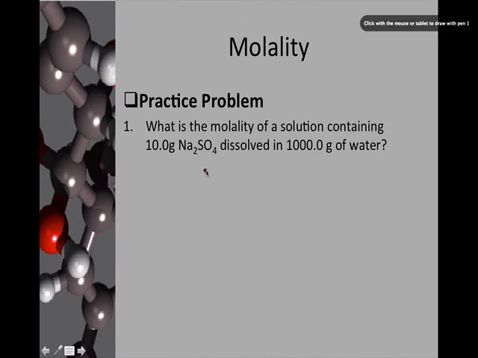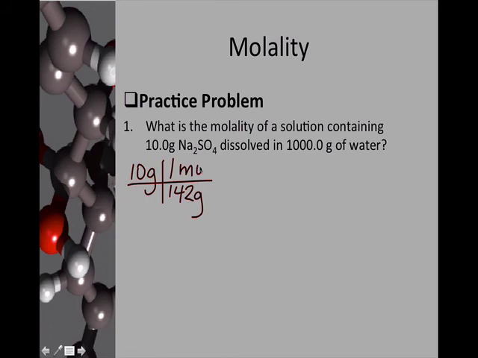All right, practice problem number 1 says, what is the molality of a solution containing 10 grams of sodium sulfate dissolved in 1,000 grams of water? The first thing we're going to do is convert grams of sodium sulfate to moles. If I add all this up on the periodic table, I get 142 grams is 1 mole.